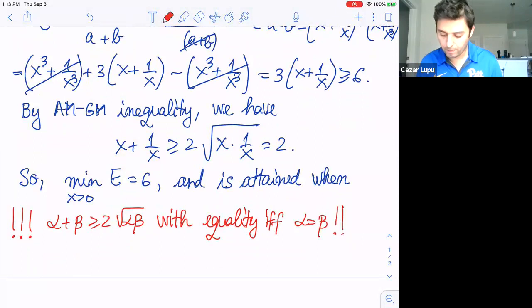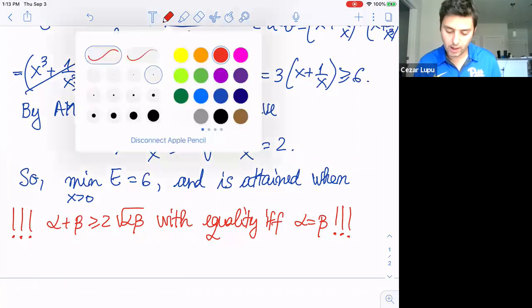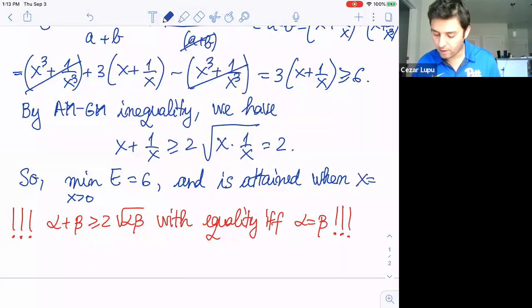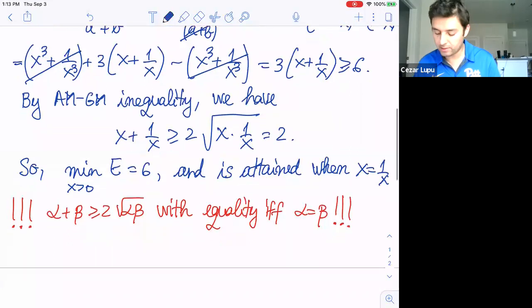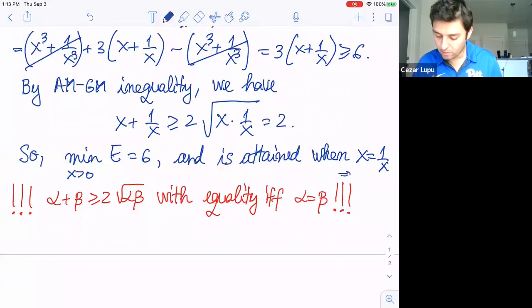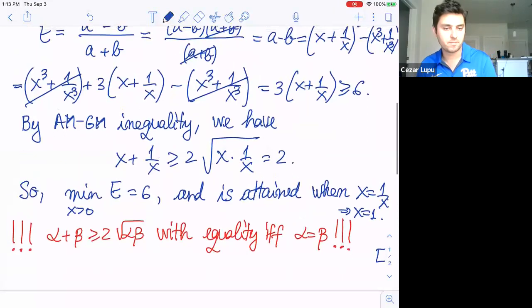So this will have equality when x is 1 over x, and if you solve this equation, because x is positive, it will give you x equals 1. So the minimum is 6, and it is attained when x equals 1, and that's the problem.